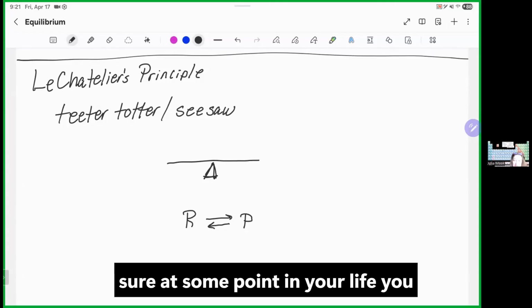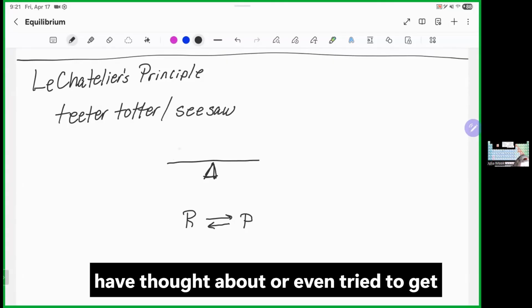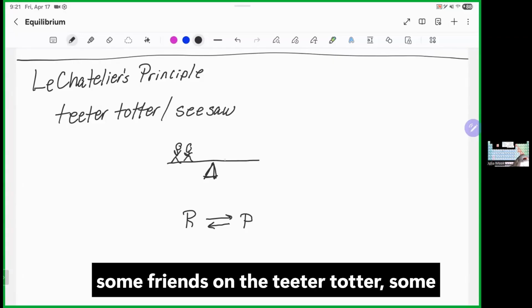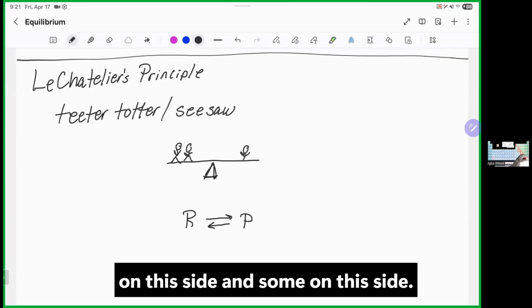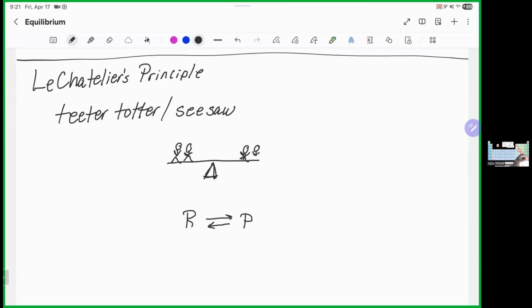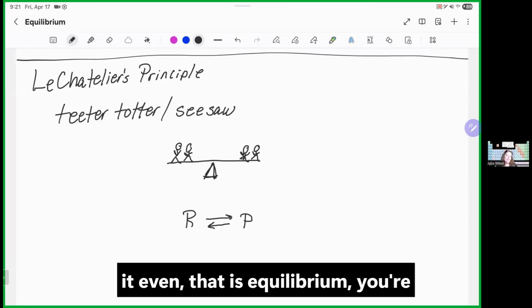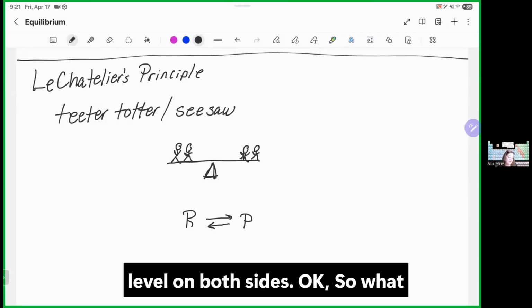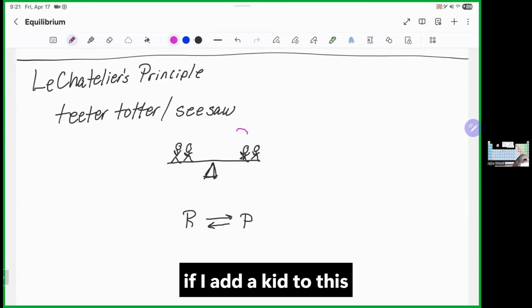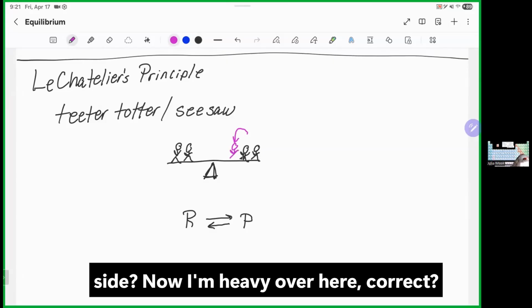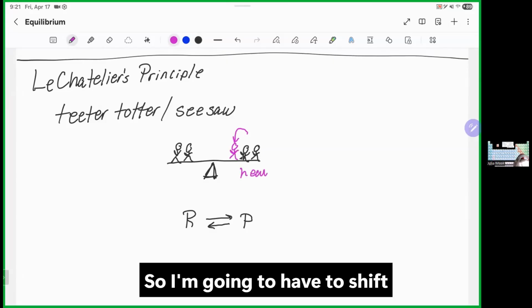I'm sure at some point in your life you have tried to get some friends on the teeter-totter, some on this side and some on this side, to make it level, to make it even. That is equilibrium. You're level on both sides. So what if I add a kid to this side? Now I'm heavy over here, correct?